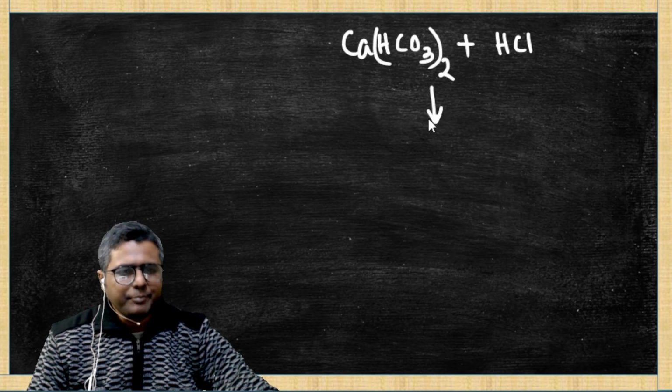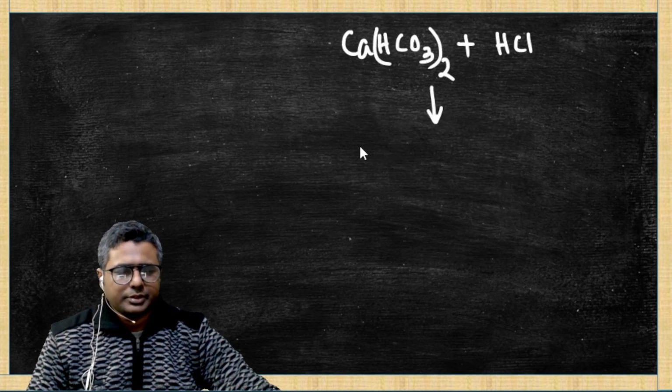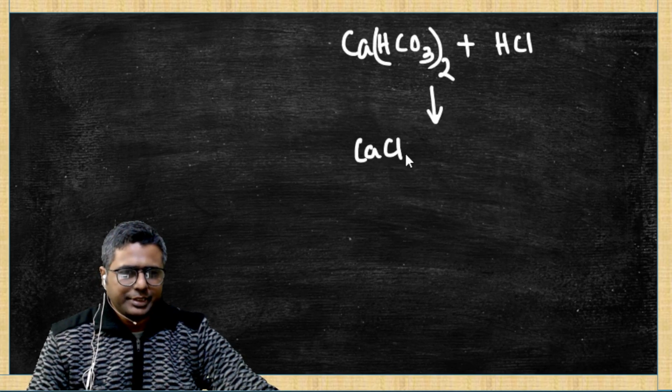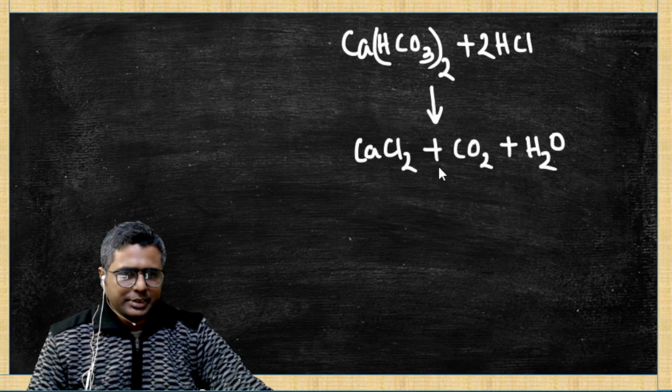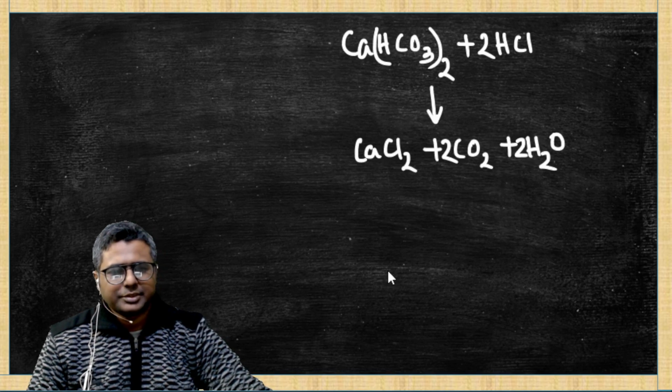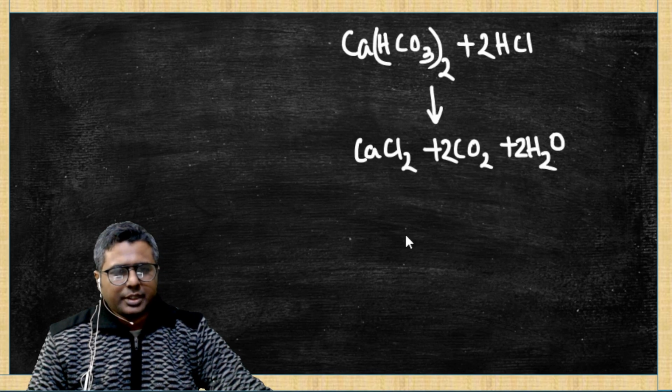The reaction is the same, salt plus water plus carbon dioxide. The salt will be calcium chloride, CO2 plus H2O. This will be 2 HCl, and to balance it 2 CO2, and 2 water. I think it's balanced. Yeah.